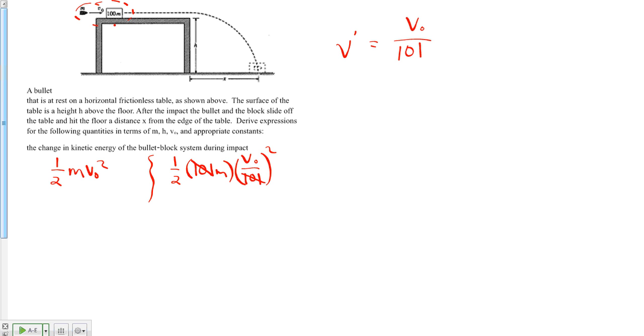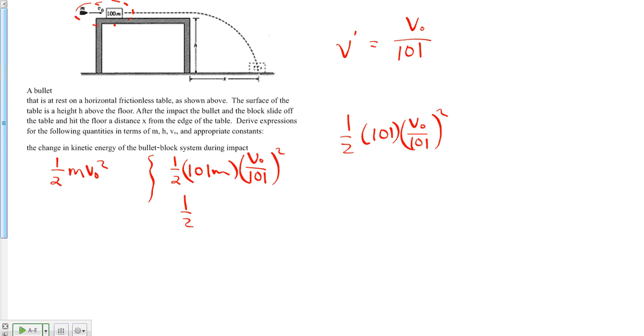Oops. Can't do that. 101m times v naught over 101 quantity squared. You could do this. That's the difference in kinetic energy.